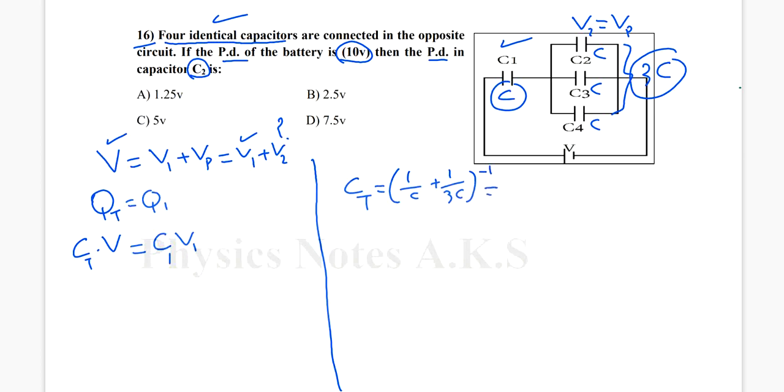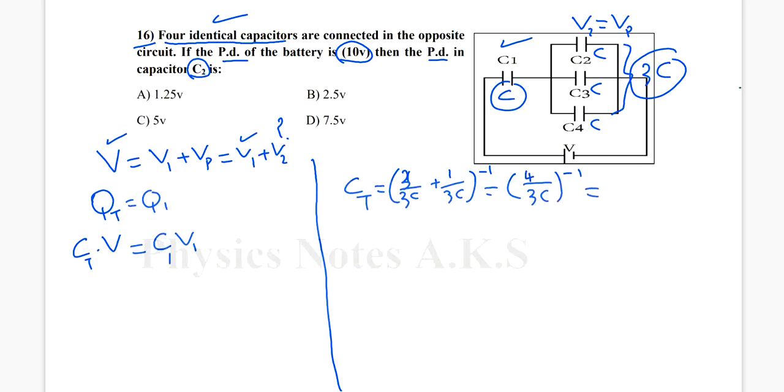Remember, in order to add 2 fractions, I need to have the same denominator, right? So in here, I will multiply up and down by 3. So I multiply here 3 and here 3. So it's going to be down here 3C and up will be 4 to the power minus 1.